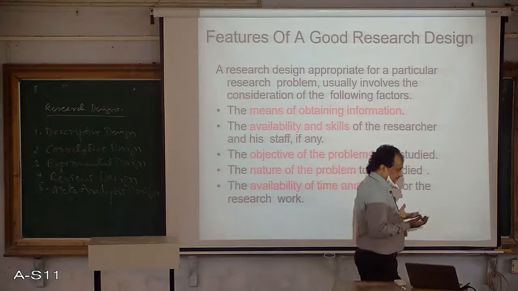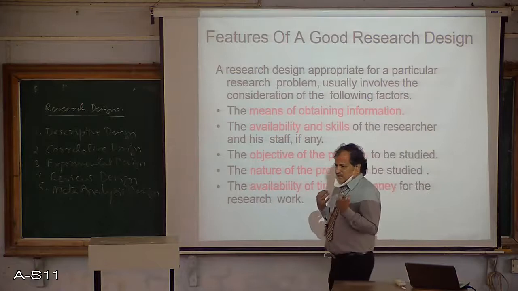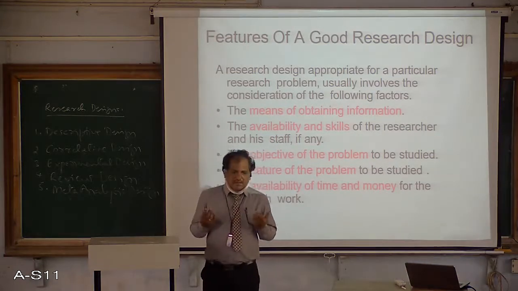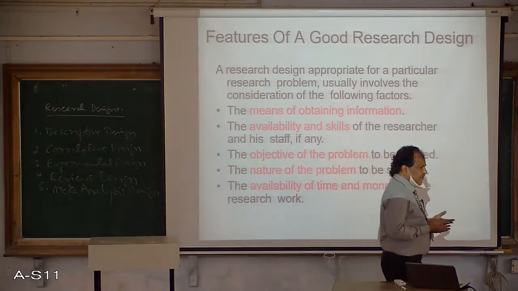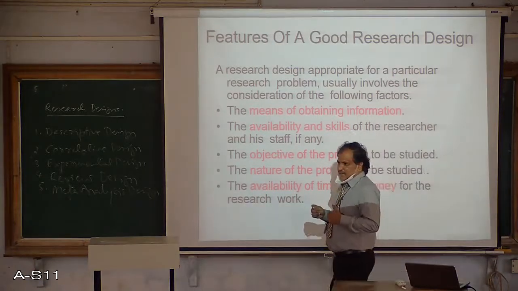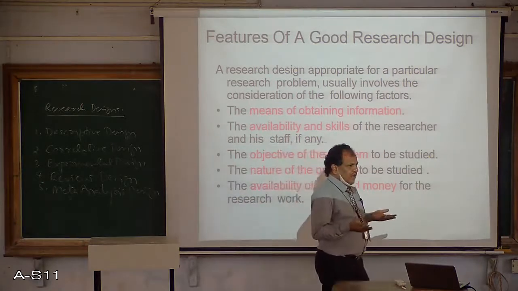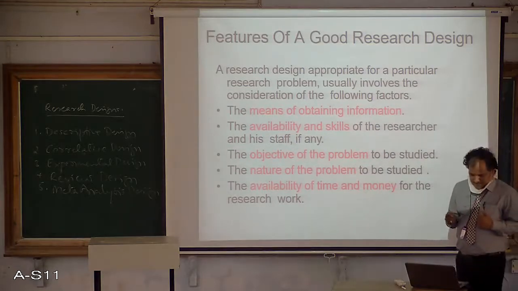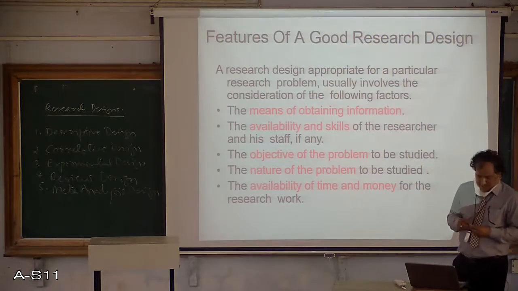Sometimes it so happens that abundant information is available, in very good quantity, but still we don't know how to process that information, how to use it. So some skills are required by the researcher and his team in order to understand that information and make use of it. So availability and skills of the researcher becomes the second factor.